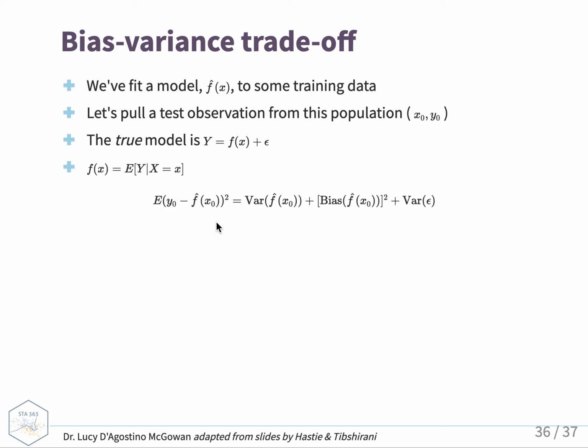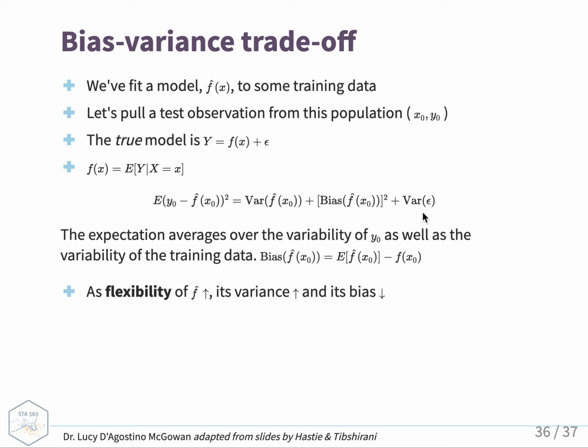And we can show that this expectation of y0 minus our fitted model on x0, squared, we can separate out into the variance of f hat of x0 plus the bias squared plus the variance of epsilon.